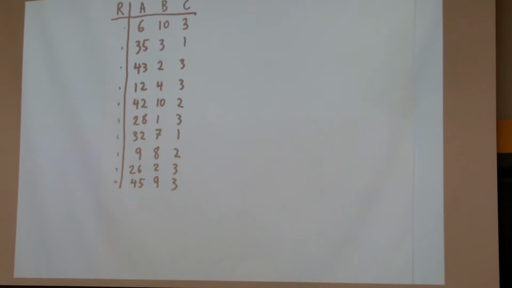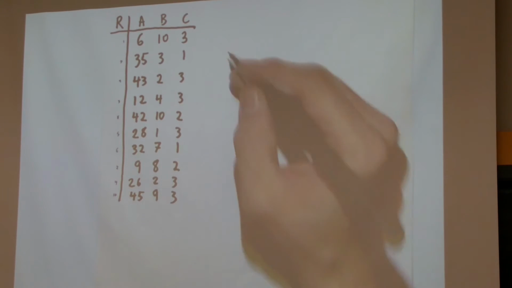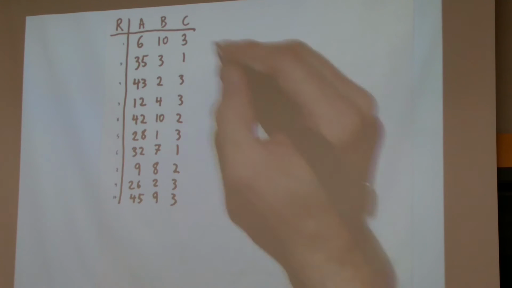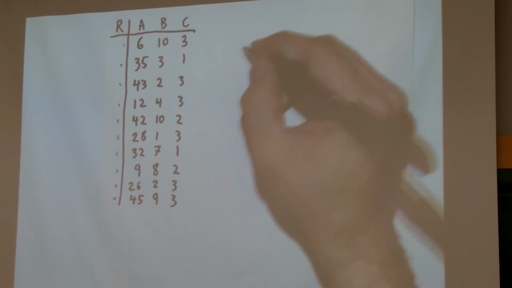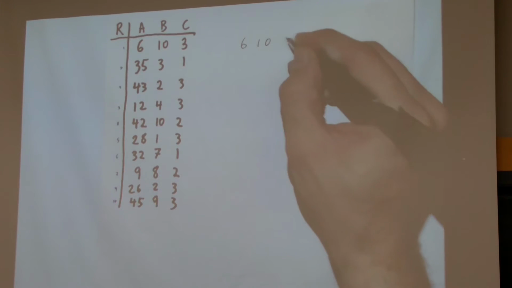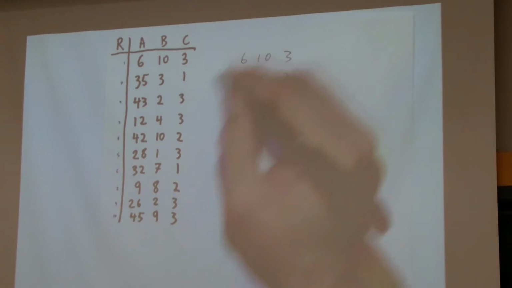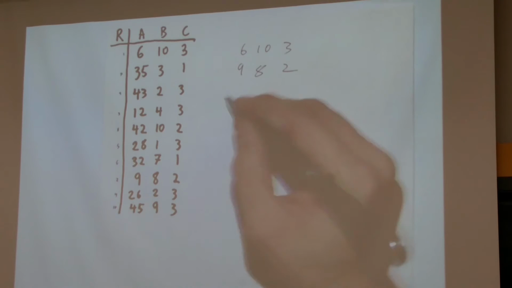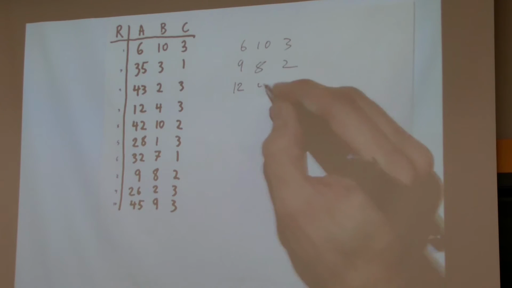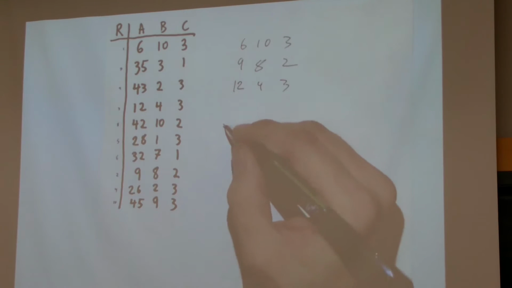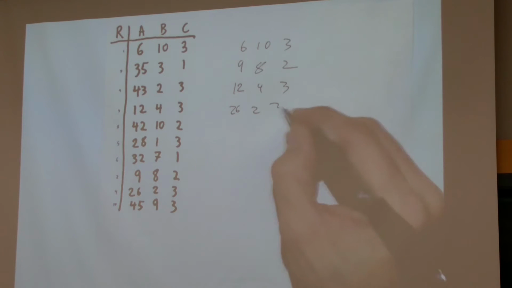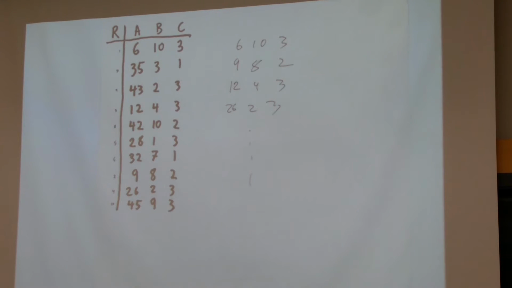If I wanted to do something similar for A, I could, for example, sort all of my rows so that the A's were in order. So I get 6, 10, 3, 9, 8, 2, 12, 4, 3, 26, 2, 3, and so forth.